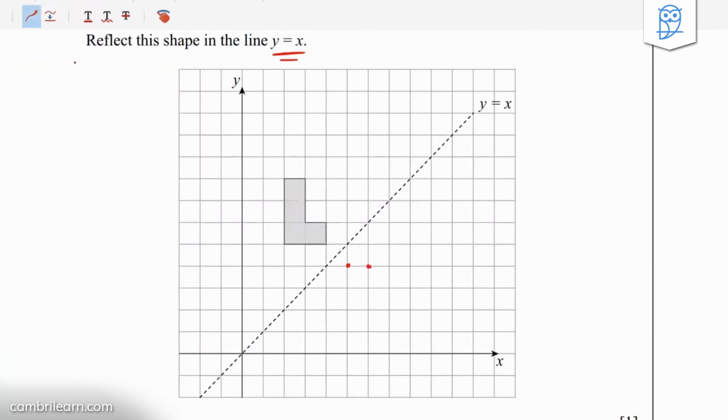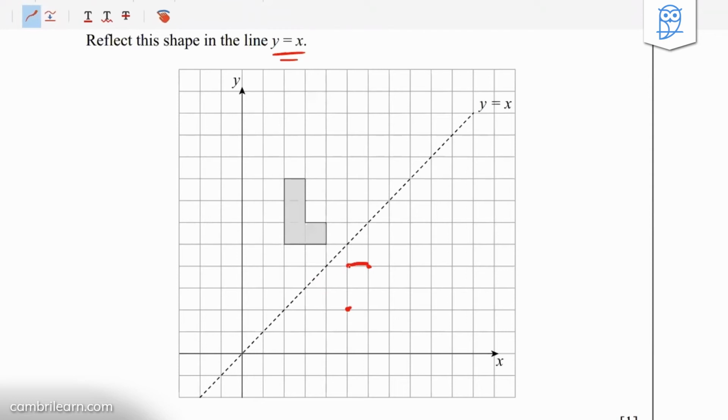And now we do the same for the rest of the vertices, until you can see the reflection of the shape around this line. So if we go from this vertex to my line of reflection, all the way to my new point, okay, there we have it. Here's our new point.